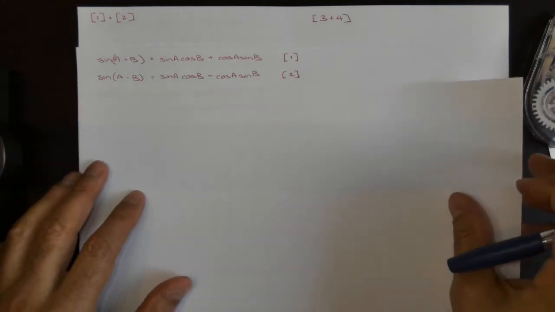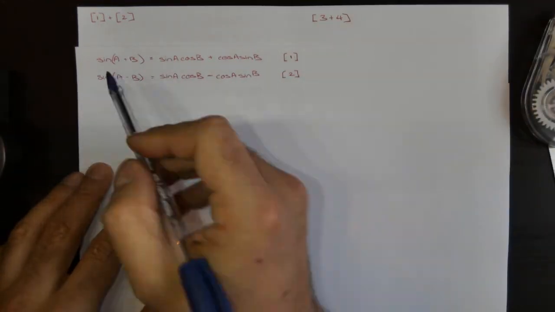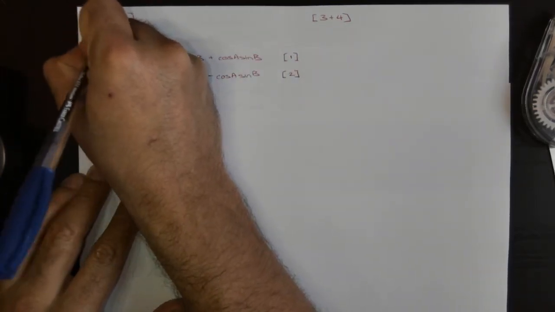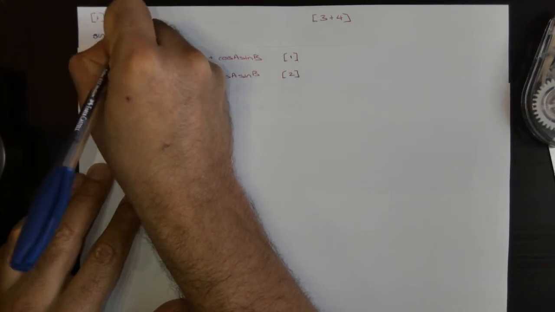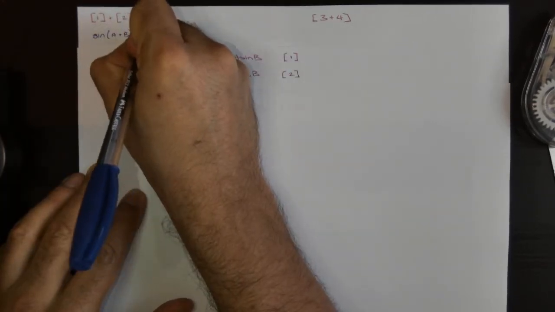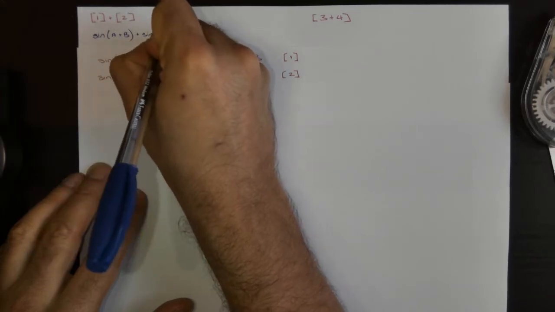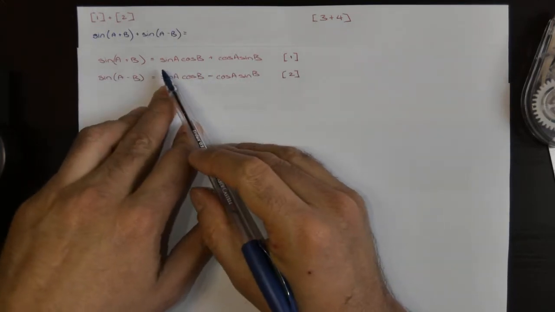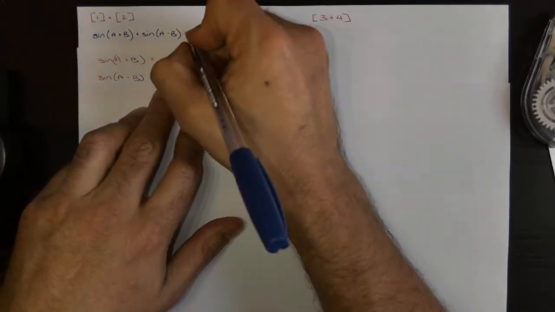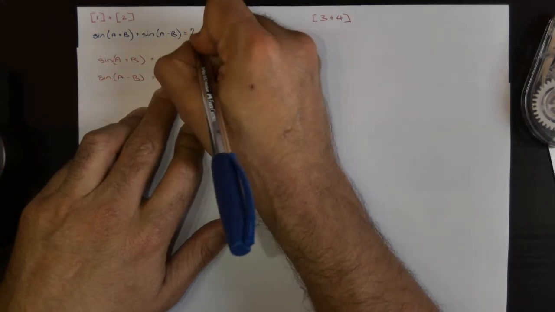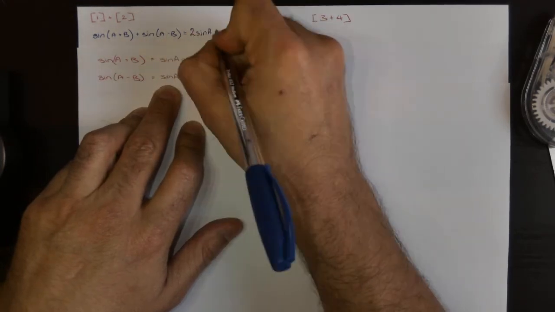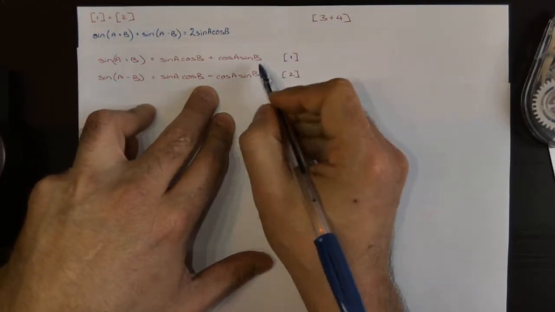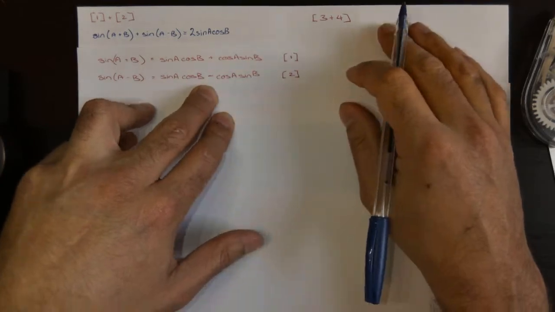So sine A plus B plus sine A minus B is equal to 2 sine A cos B, because the cos A sine B terms cancel out.